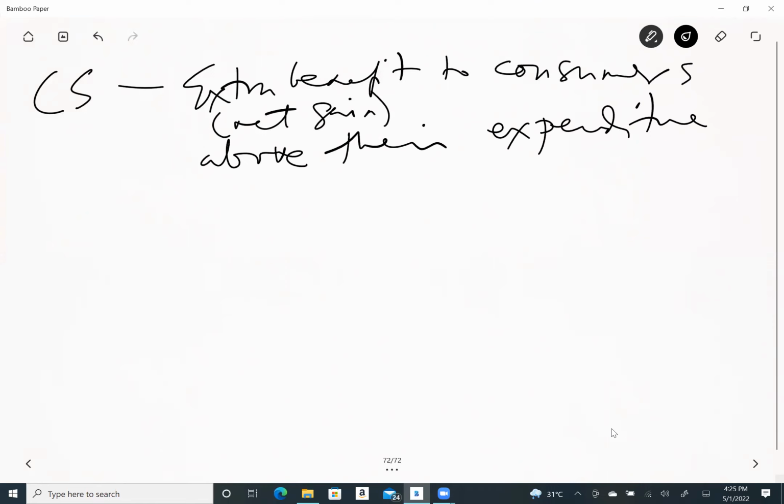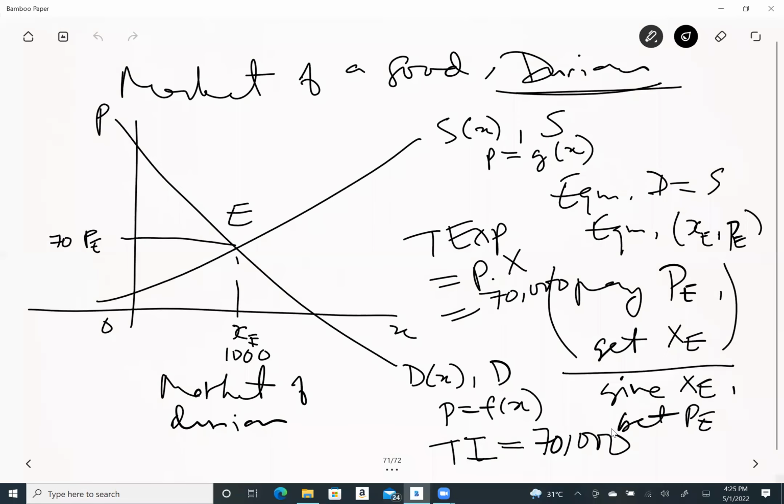Their expenditure is 70,000, which is the rectangle. Now on top of it, there is extra benefit to the consumers, and that is shown by that area, the triangle, which is the consumer surplus.